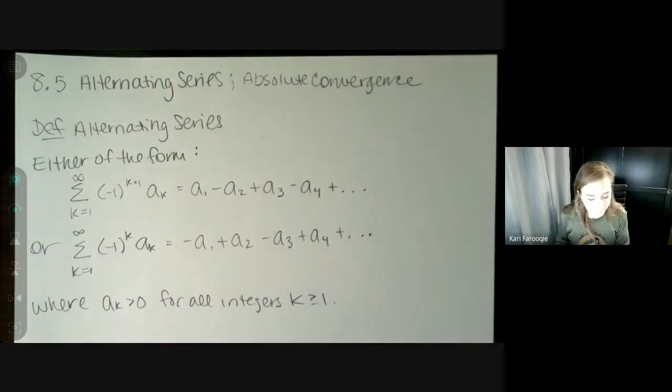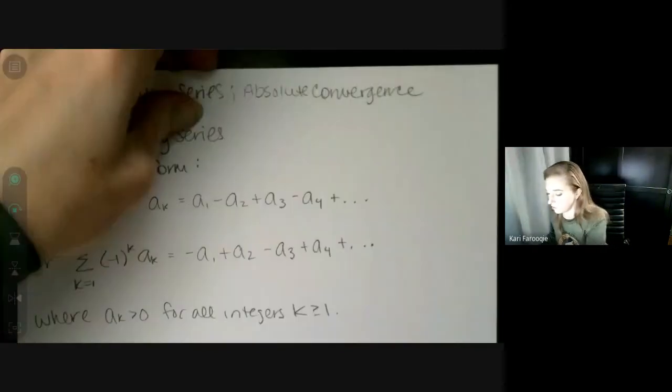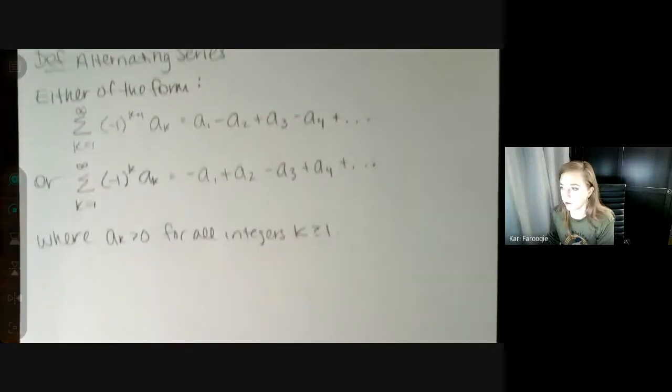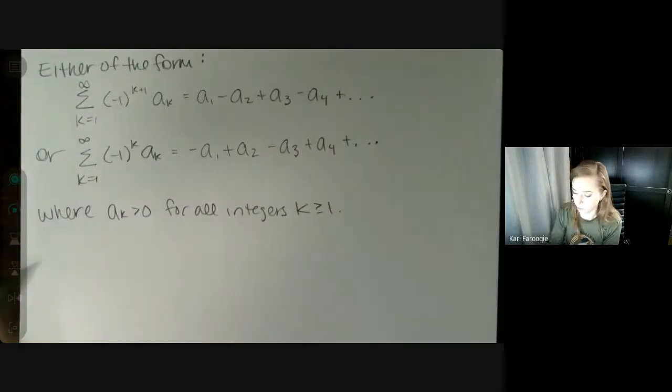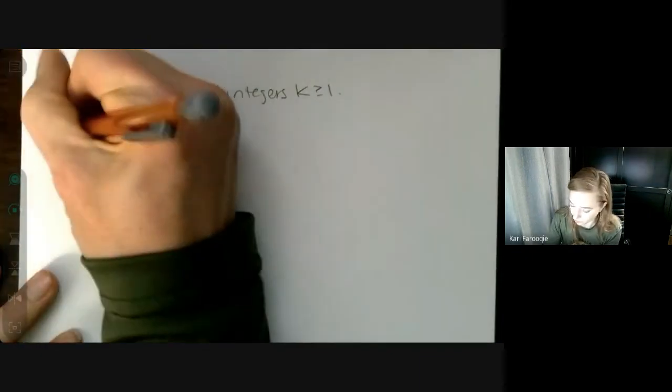Okay, I'm going to give you a test now for the alternating series, because there is a specific test to talk about this. You'll find that it's generally very easy to apply. Theorem, alternating series test.